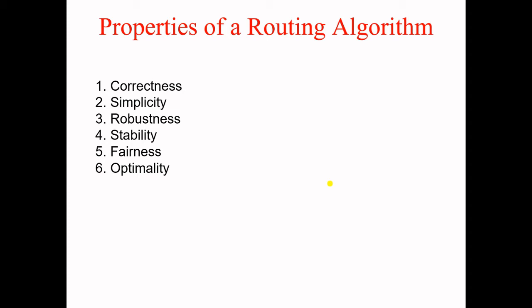If we talk about throughput in the network, we can say the number of packets sent per second, or the amount of data sent per second, can be throughput. So these are the properties of routing algorithms.